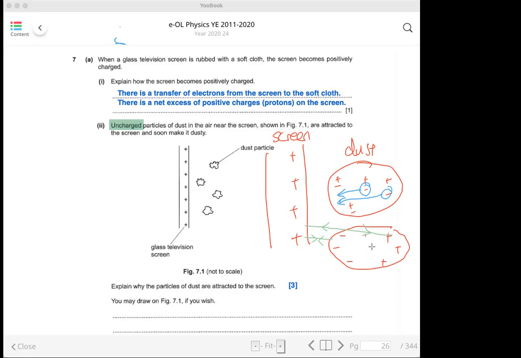Chelsea, I'll give you 2 marks for your explanation. How many of you still need help?